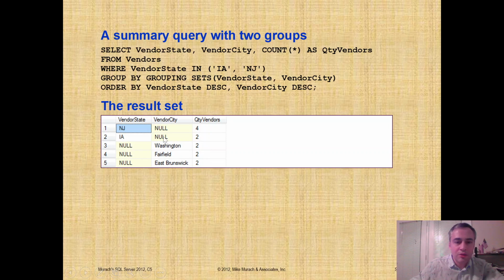I mean, in this case, there are just 2 states. So that is another option, using grouping sets, to do the group by and include the roll-up columns in any order.